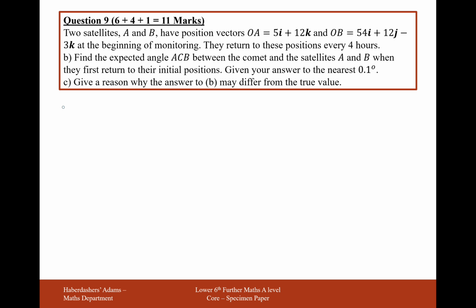So if it's every 4 hours, 4 hours after, once these return back to their positions, the comet is going to be at a position of, let's pull out the vector of that comet again, it's 146, 234, minus 85, plus, and it's 4 hours later, once these satellites have returned back to where they are, so minus 21, minus 33, 13, and the comet at that point is going to be at 62, 102, and minus 33.